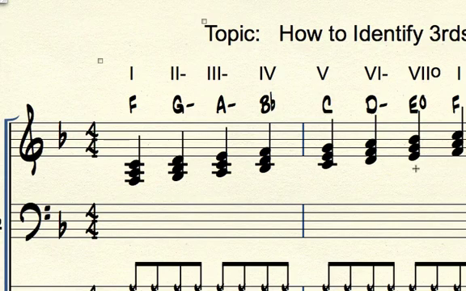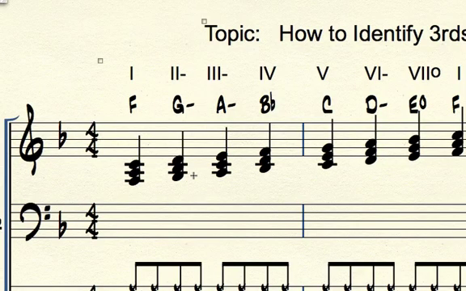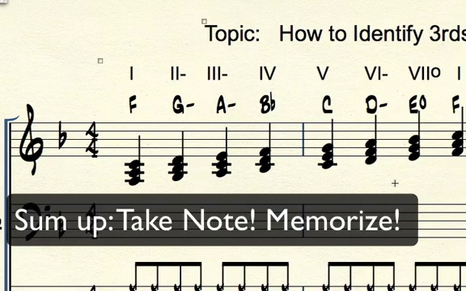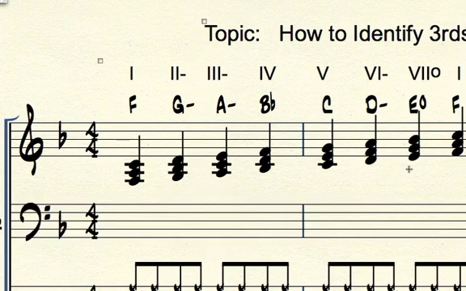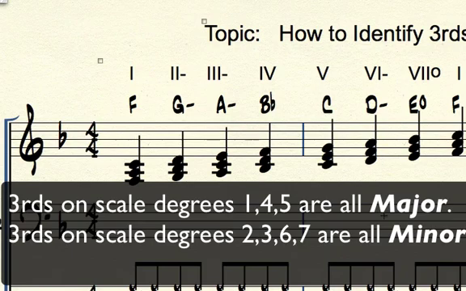Then we have 7 diminished. Well, 7 diminished also has a minor third. A diminished triad begins with a minor third. So scale degrees 2, 3, 6, and 7 are minor thirds. So 1, 4, 5 major; 2, 3, 6, 7 minor.